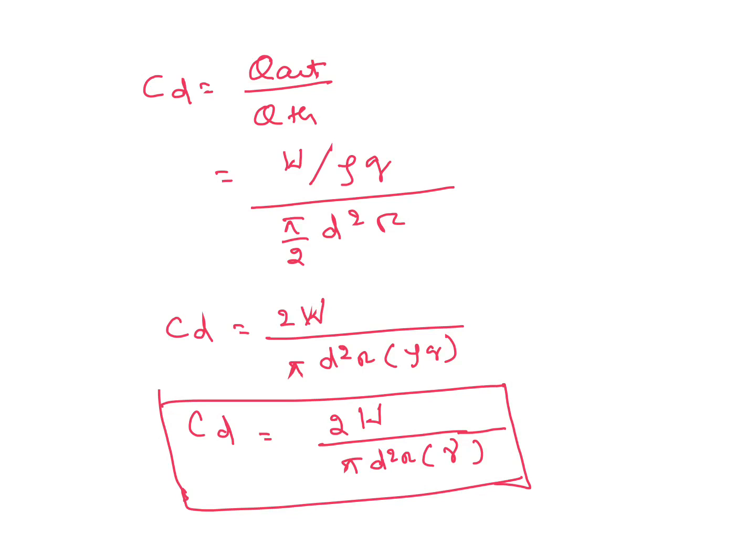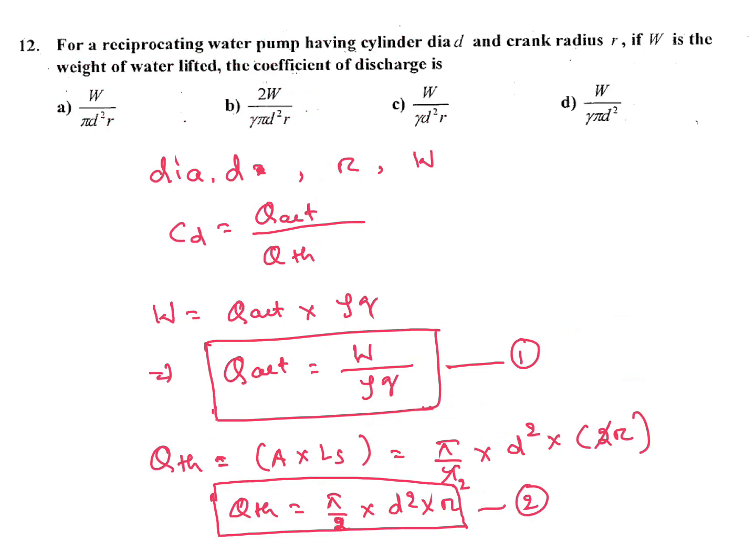We know rho g equal to gamma. So from option, 2W by specific weight into pi D square R. B is our answer.